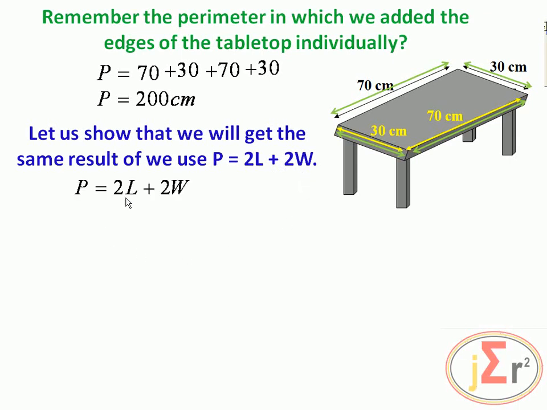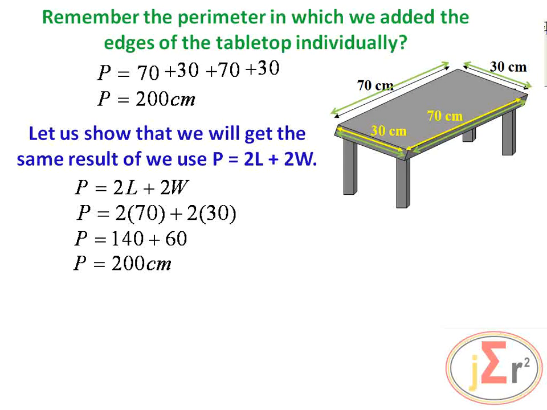So P is equal to 2L plus 2W. What is the value of L? 70. And the value of W? 30. So 2 times 70 plus 2 times 30. 2 sevens, 14, so 140. And the other one is 60. 140 plus 60 equals 200 centimeters.